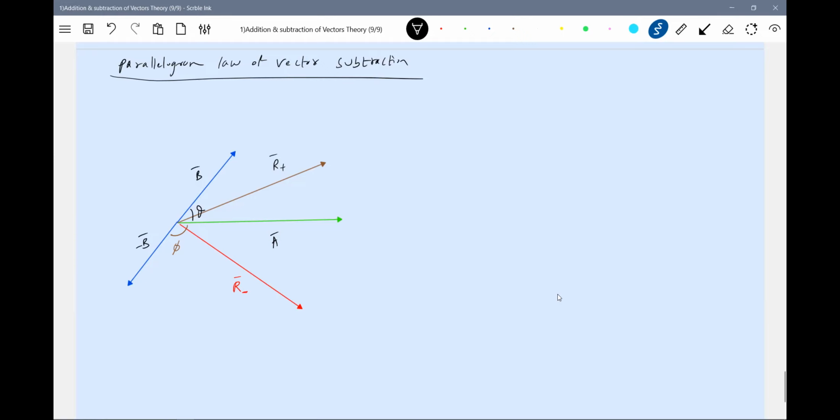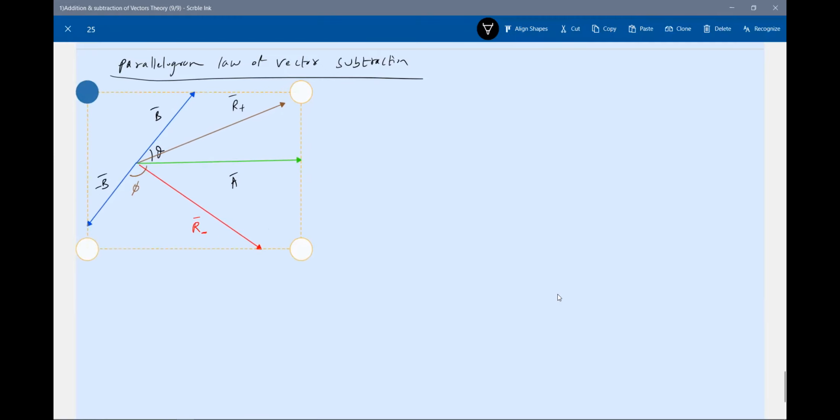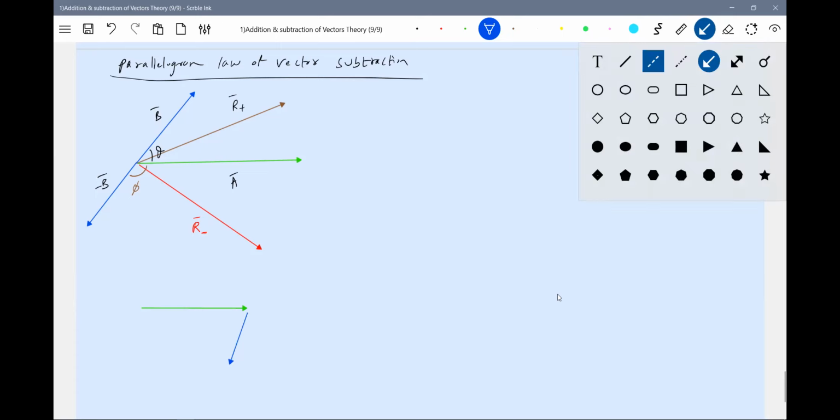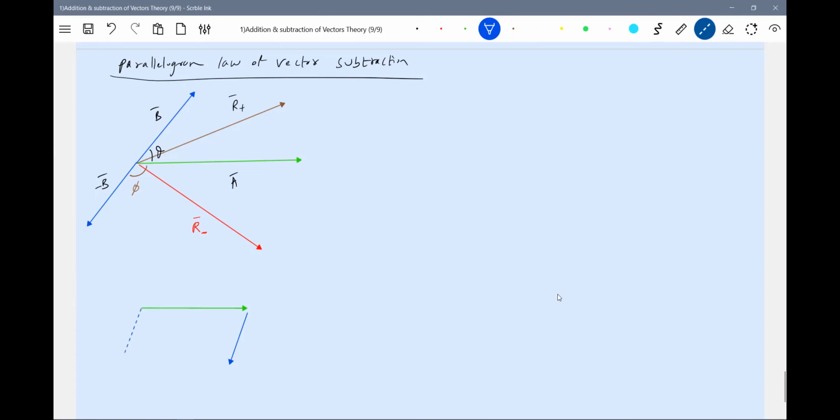So where is the parallelogram? I'm not seeing the parallelogram. Yes, you do get a parallelogram. Patience, I'll bring the parallelogram. A small diagram I'll do. Look at it now.